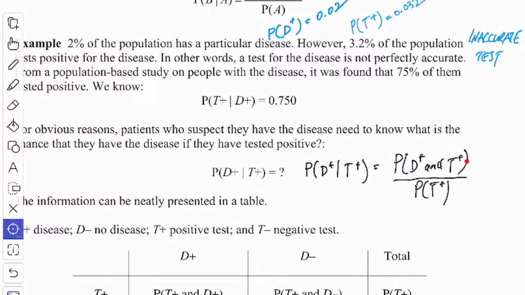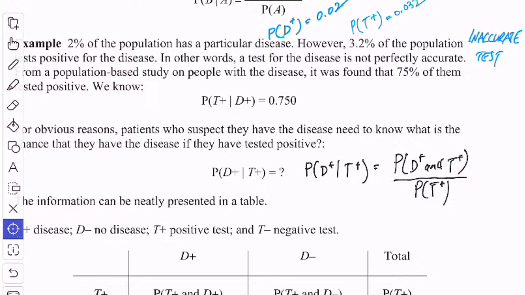Now we learned about calculating this result with multiplication if we know that the events are independent. If we don't have independence, what do we do? Take a moment to realize the difference in this interpretation. This is not given to us: the probability of having the disease and testing positive.